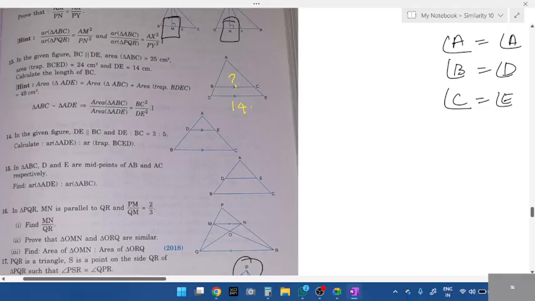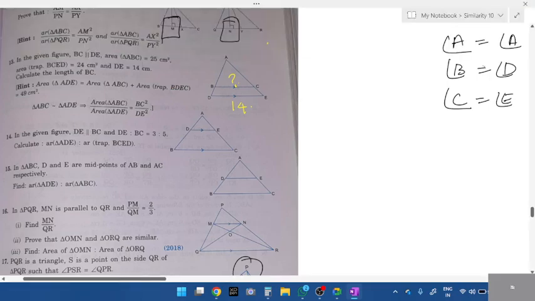All of you will respond. Area is given and what is asked, students? Is it height or side that is asked? Side. What is the relation we have here? Area is given and side is asked, right? So we need to use the area and side concept. Simple, area and side.